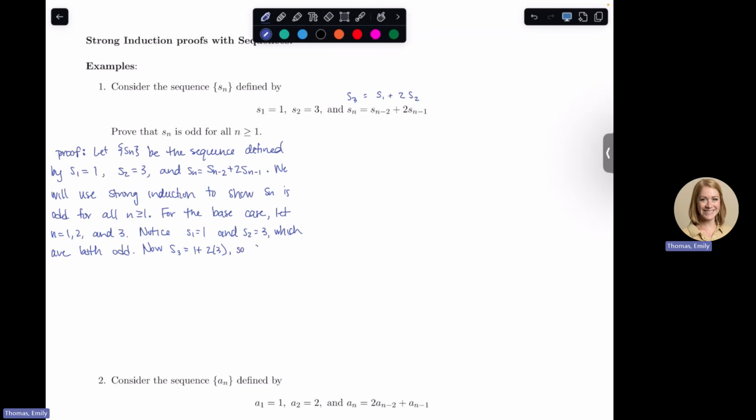So S sub 3 is 7. I'm going to put this as a capital letter, so S sub 3 is 7, which is also odd.